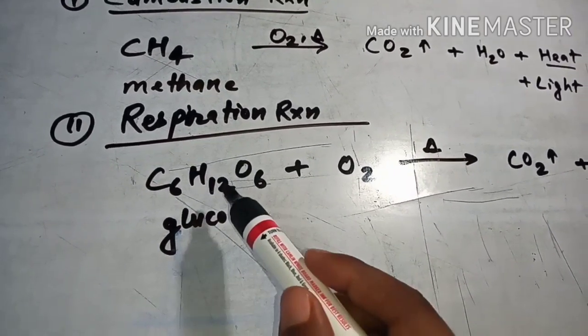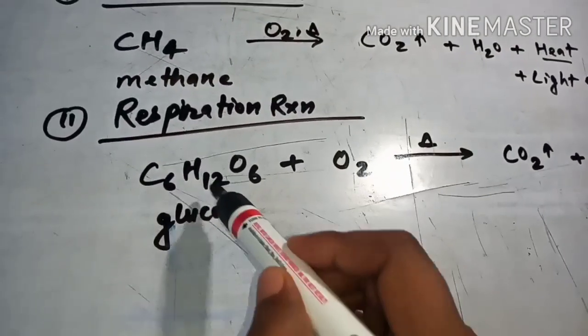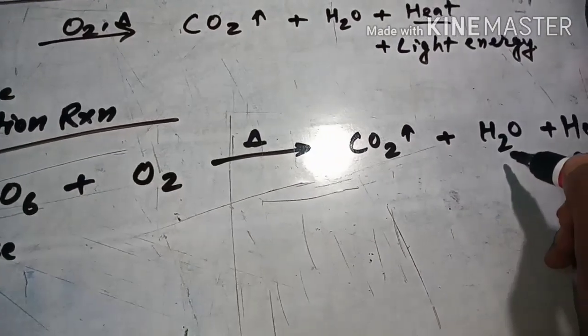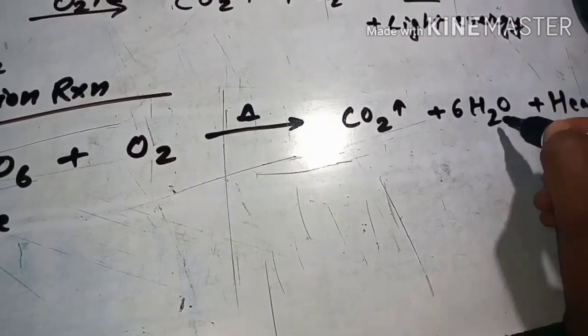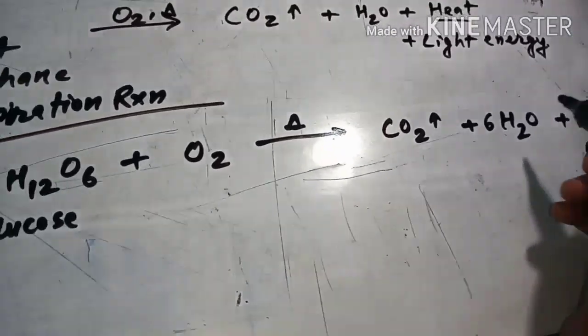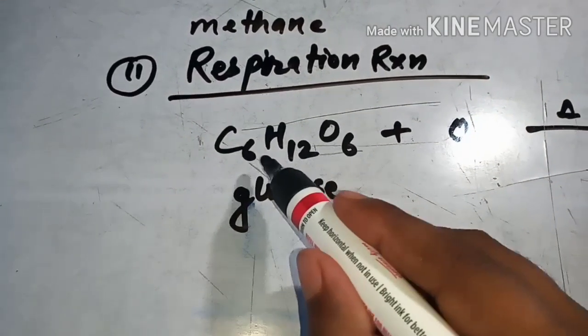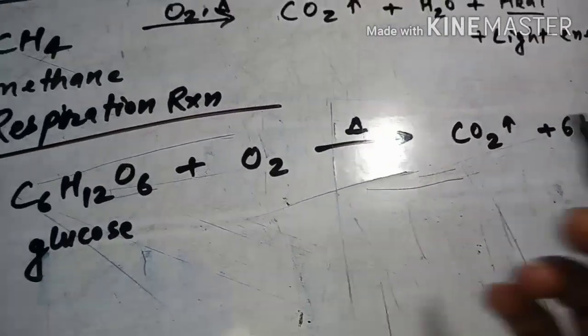So we first focus to balance hydrogen in reactant and product side. Here it is 12 and here it is 2. So we put 6 here. Now 6 times 2 is 12, it is balanced. The hydrogen is balanced, H12 and 6 times 2 is 12 hydrogen.